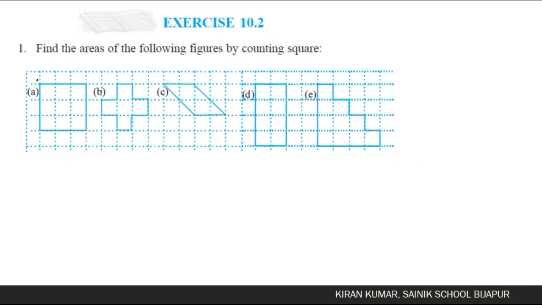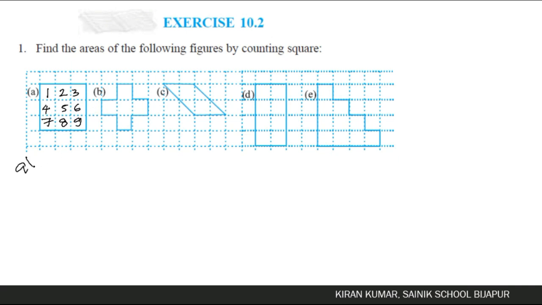I have taken from A to E. Look at the first one here. How many squares are filled by this particular figure? You count the number of squares, you will come to know 1, 2, 3, 4, 5, 6, 7, 8, 9 squares are filled.